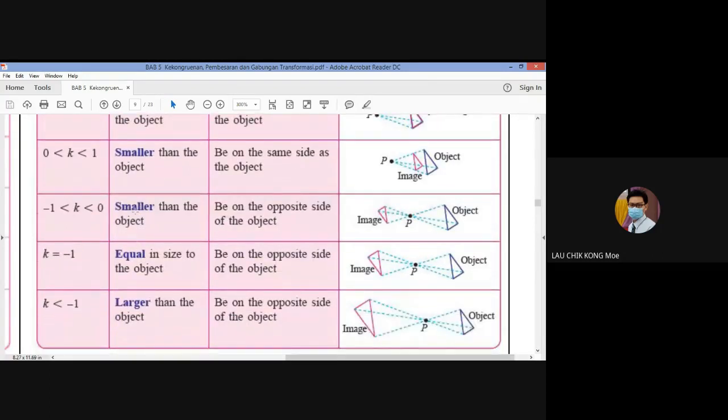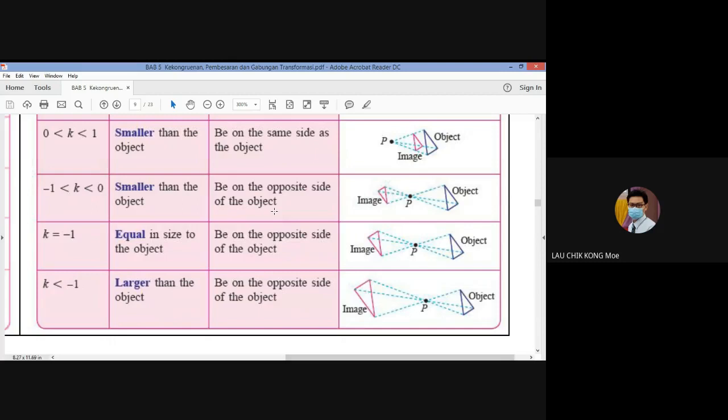But this is in pecahan. For example, -1/2, -1/3. So you remember the negative only means that the object and image are on the opposite side. So negatif itu hanya memberitahu kita mereka berada pada sisi yang bertentangan. Okay, tetapi sebenarnya kita tengok pecahan atau nombor itu sajalah untuk menentukan dia punya size besar kecil lah. Negatif itu hanya menunjukkan dia punya objek image berada pada pertentangan sisi ya, dan pusat di tengah-tengah.